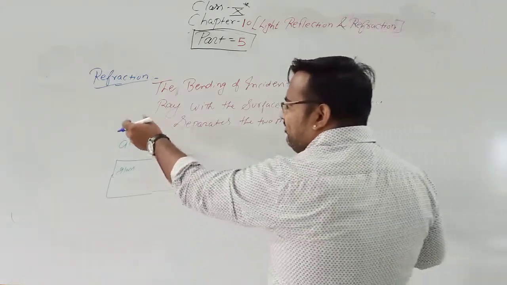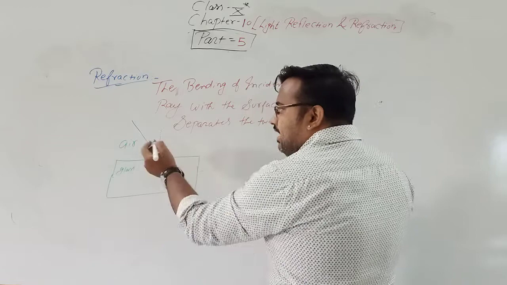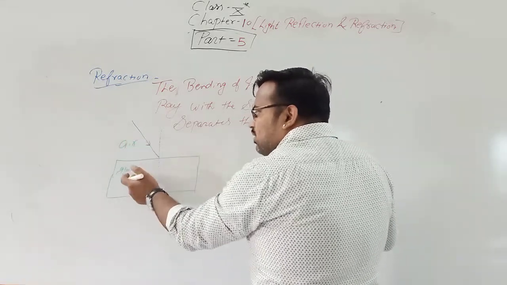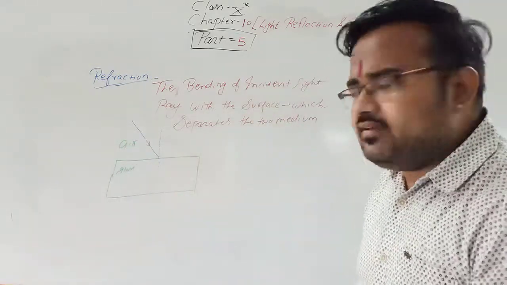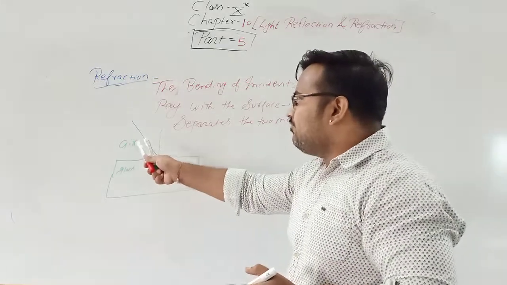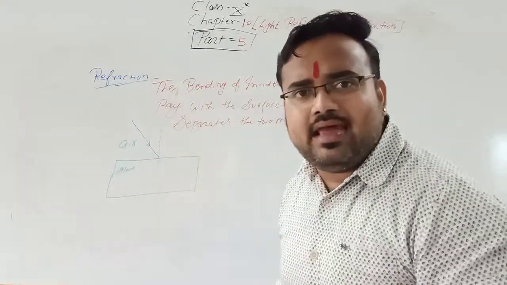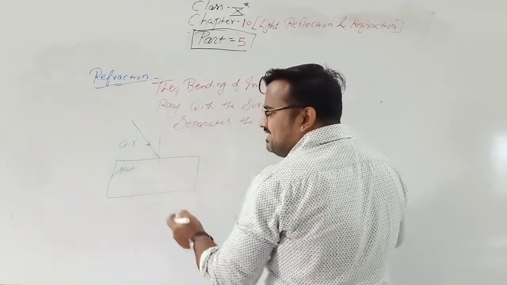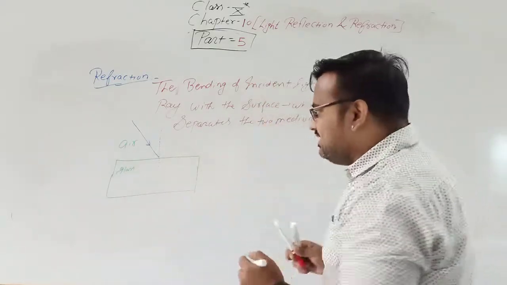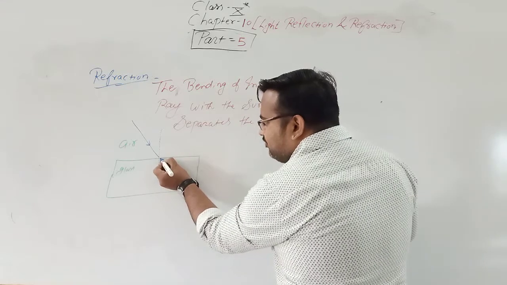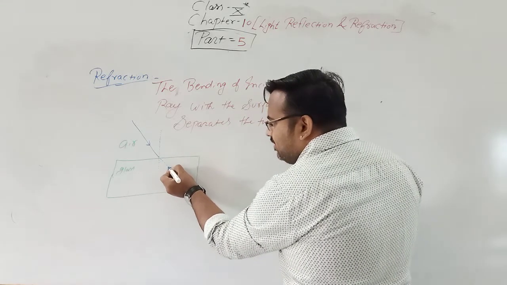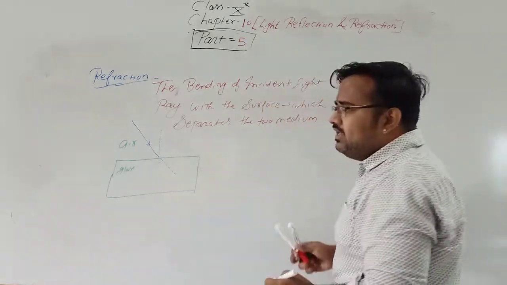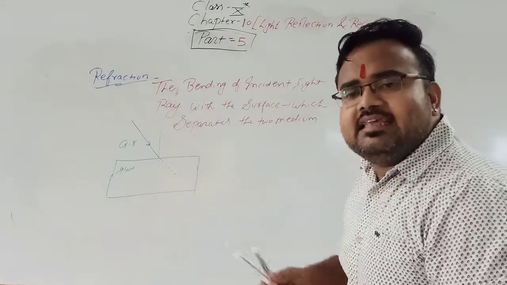The light ray which is incident and travels from air to glass, that means the medium has changed. Now see, if the medium was not changed, then this would be the original path of the incident light.